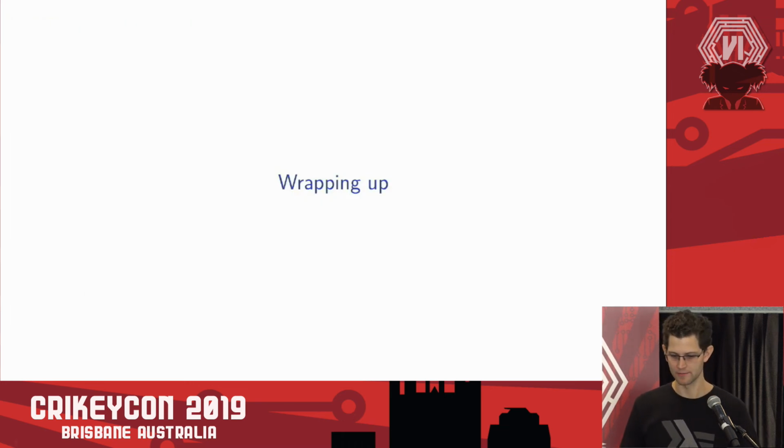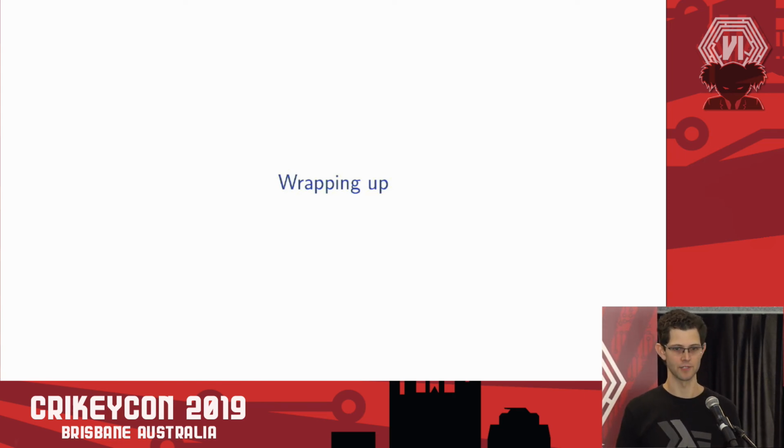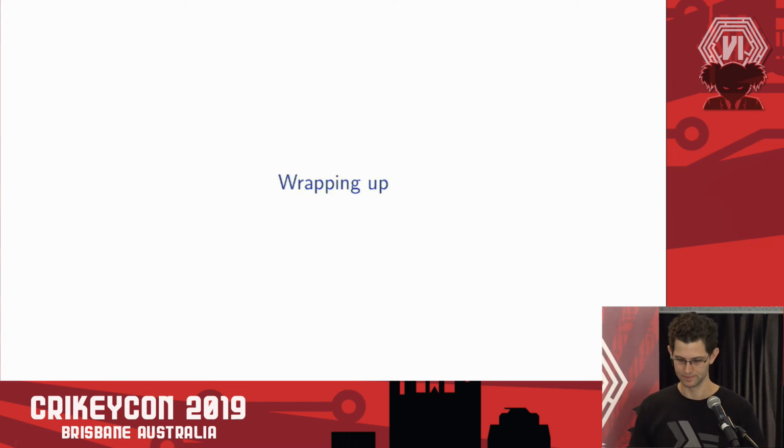Okay, so I'm nearly out of time and I'm nearly out of slides. So what have we talked about today? Well, I've shown you some case studies of security bugs that I encountered, either discovered or fixed them, and I expounded some of my personal security doctrine that I've developed as a result of thinking about these bugs and trying to work out what the underlying causes were and how can we reduce the risk of similar bugs occurring in the future.